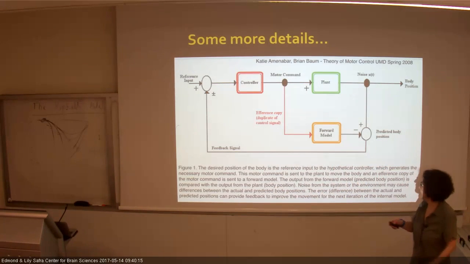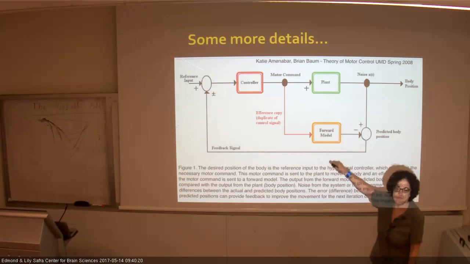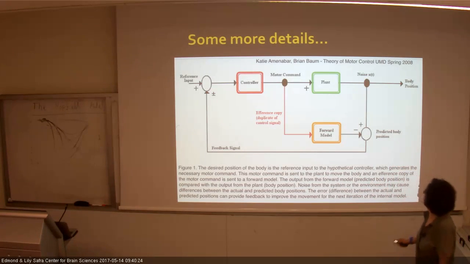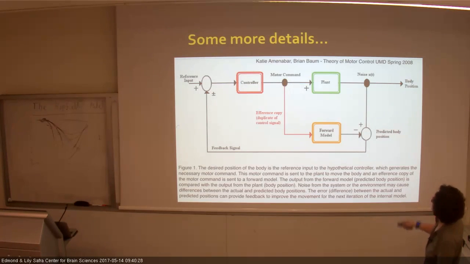There is a time lag between these two signals, but they're both being sent back as a feedback signal. And this is what we call a basic internal feedback, okay?